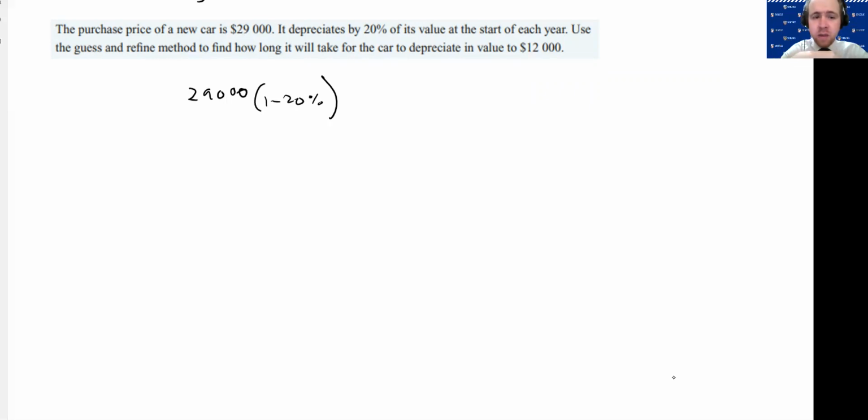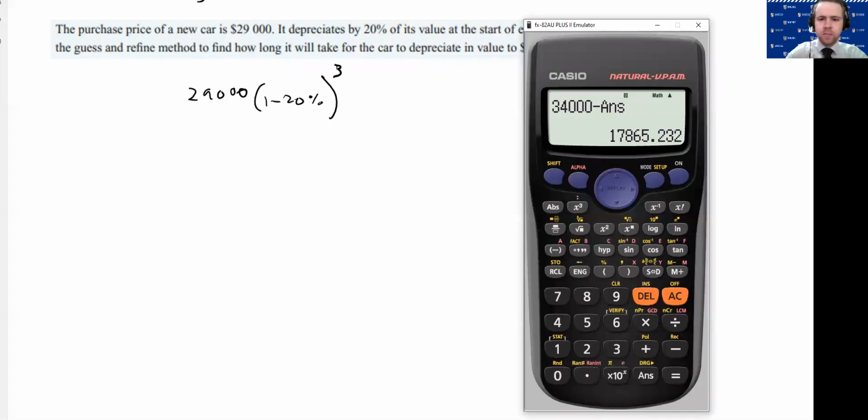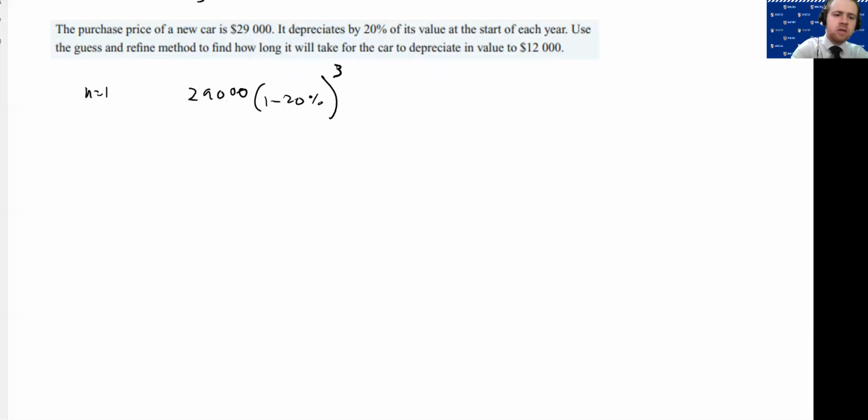I'm going to start with about 3 because I look at those values and I go, okay, it's less than half. So if you're going 20%, 20%, 20%, okay, we're going to get close to less than a half. So I'm just going to start with 3 as my value. Okay, I'm going to write n equals 3 here in my working.